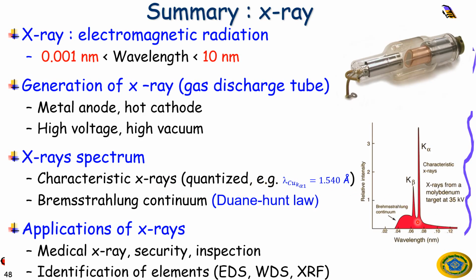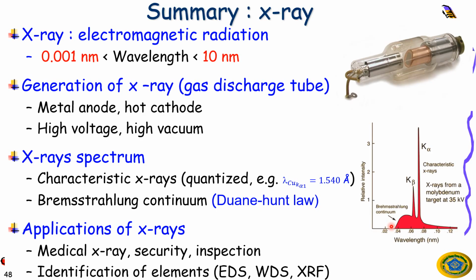However, as you can see, a continuous curve is showing in these figures. This is called Bremsstrahlung continuum X-ray. Bremsstrahlung continuum X-ray is a kind of inelastic interaction between the incident electron and the core of the atom, right?